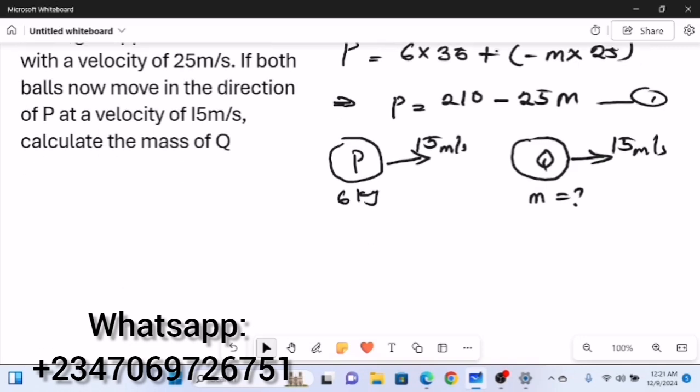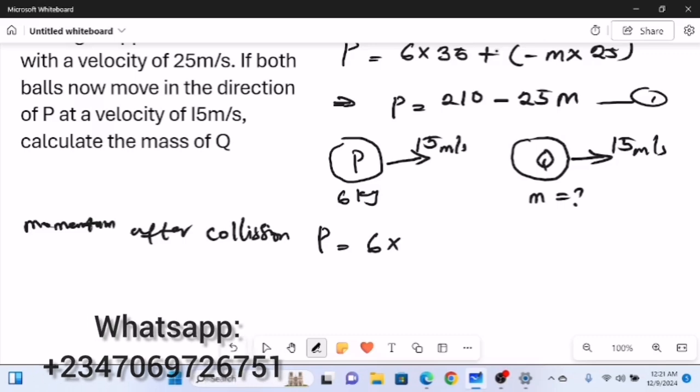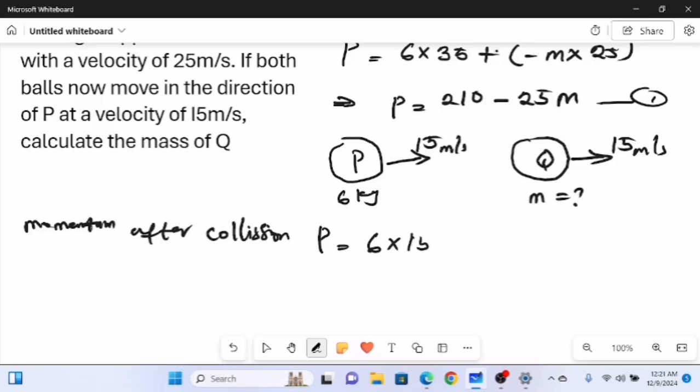Okay, so from what we know, total momentum after collision is going to be equal to, once again, the sum of the two momentums. So we have the mass of P, which is 6, times the final speed of P, which is 15. Now we are adding because these two balls are moving in the same direction, not opposite one another. So that is what I said earlier.